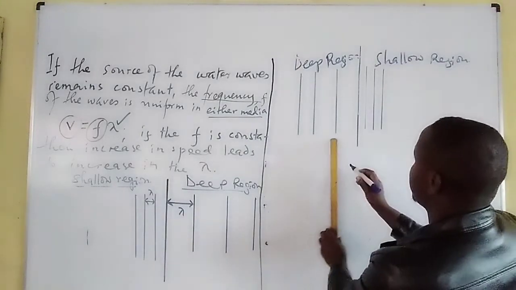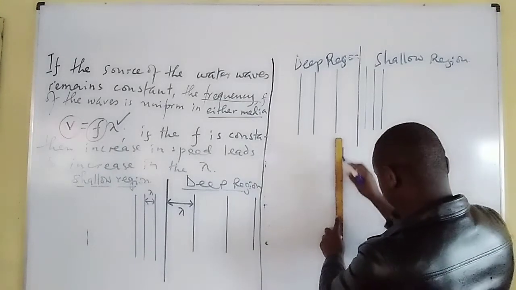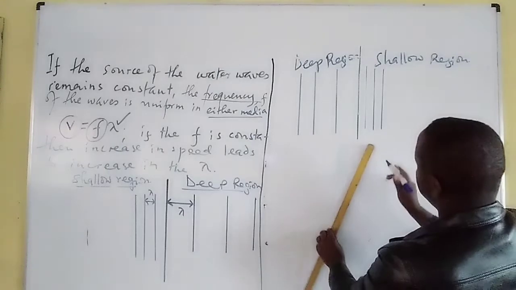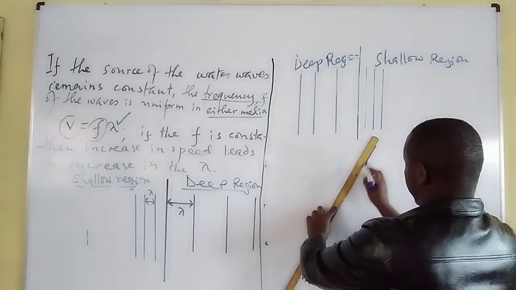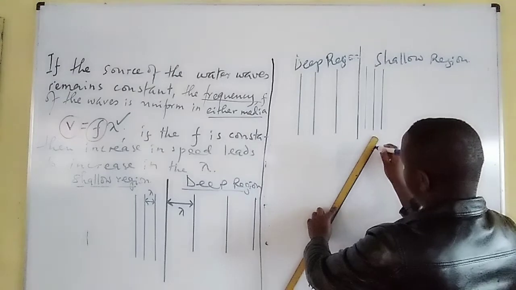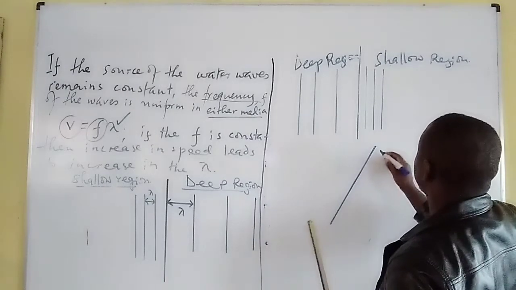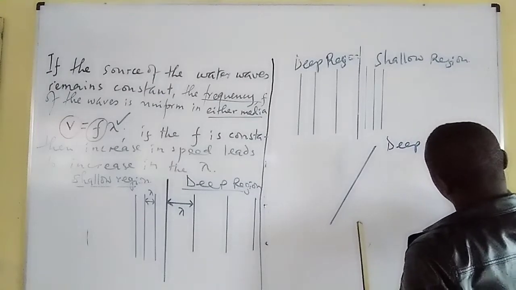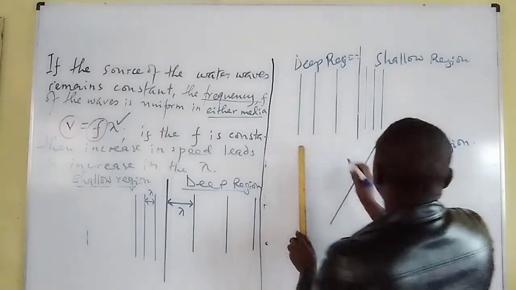Sometimes we make this the boundary between the two regions. So we can have the boundary like this. Then this is a deep region, and this is a shallow region.